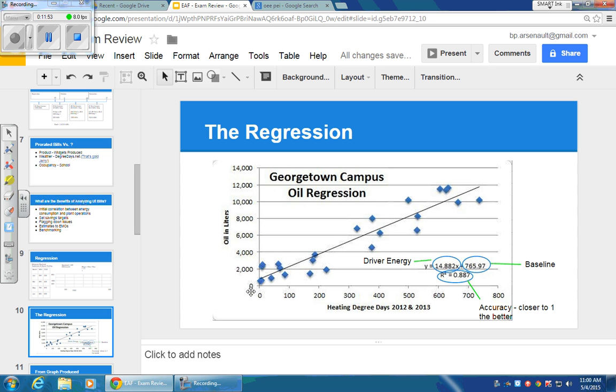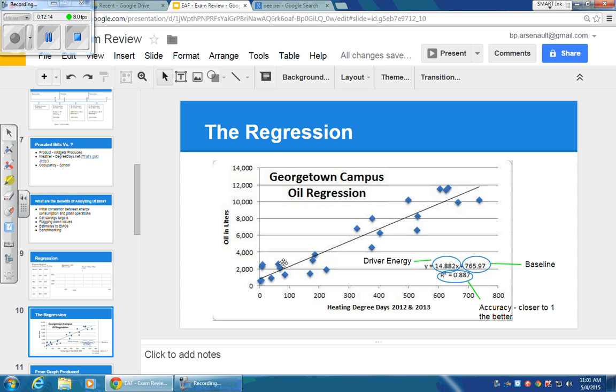So if we had a run of 100, we've got a significant amount of oil, 100 times 14.8, which would be, if we move the decimal 2 spots, 1,488 liters plus the base load of 765.